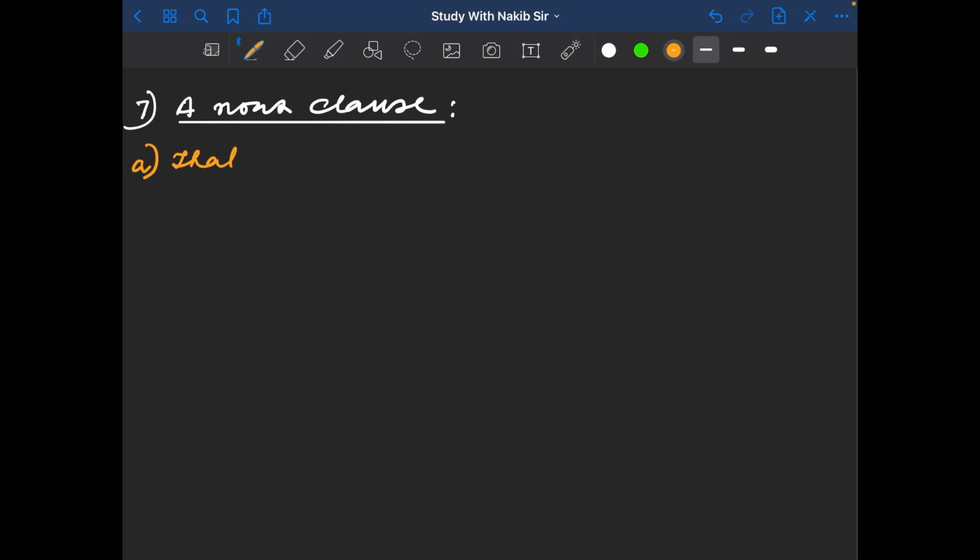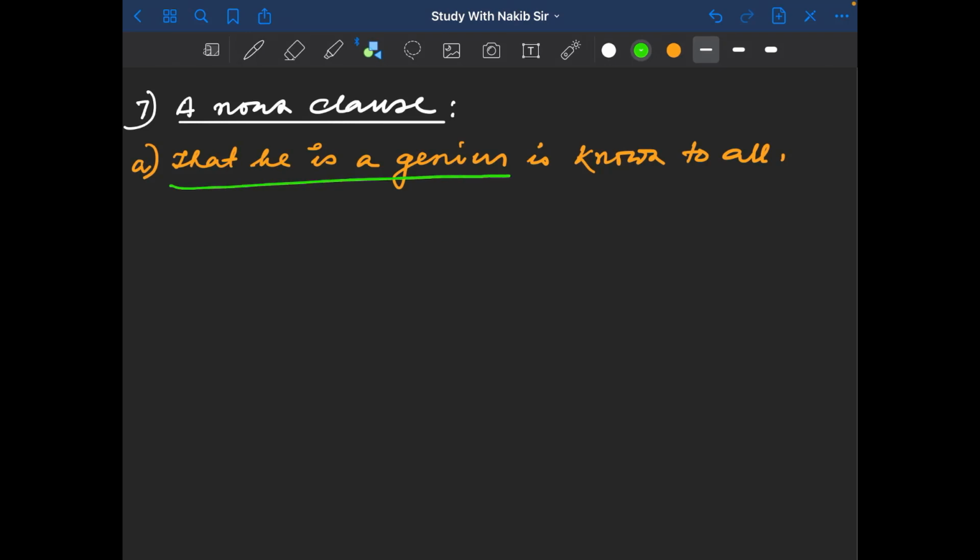That he is a genius is known to all. That he is a genius is a noun clause, you know. So for this noun clause, we will make one separate sentence.